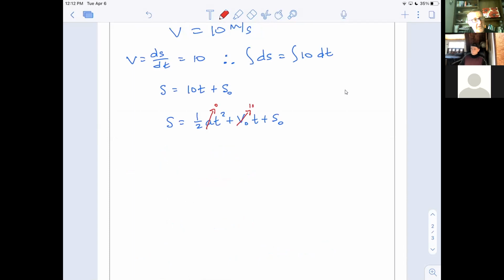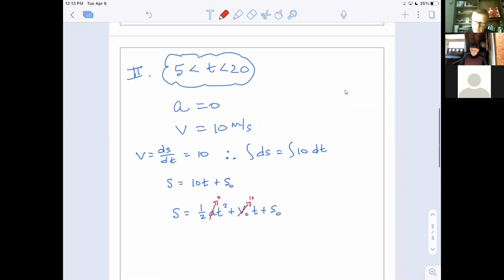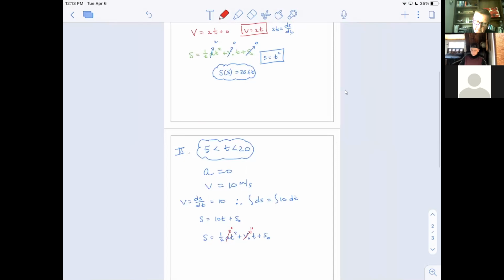Now, very important, what's the initial position? Again, in the 5 to 20 range, what's the initial position? That's where this comes in. The final position in the 0 to 5 range becomes the initial position in the next range.